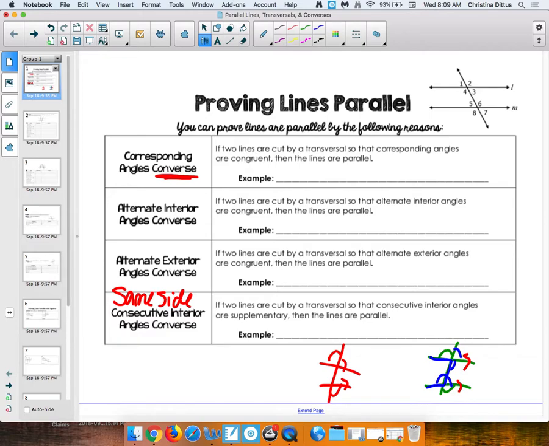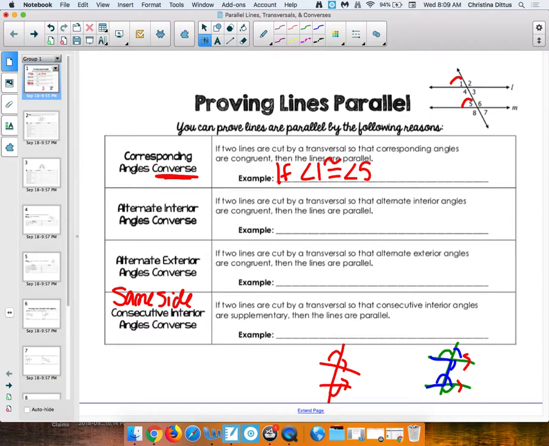All that means is if I have corresponding angles, like let's say 1 and 5, if angle 1 is congruent to angle 5, congruent means what? Same, equal.